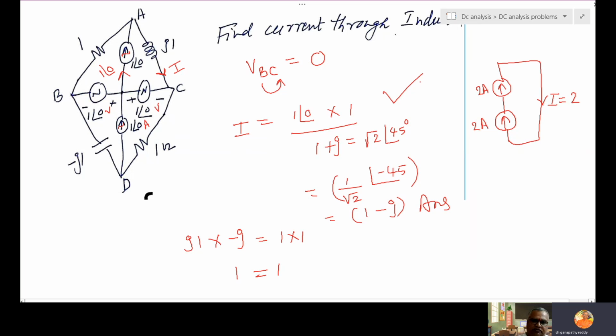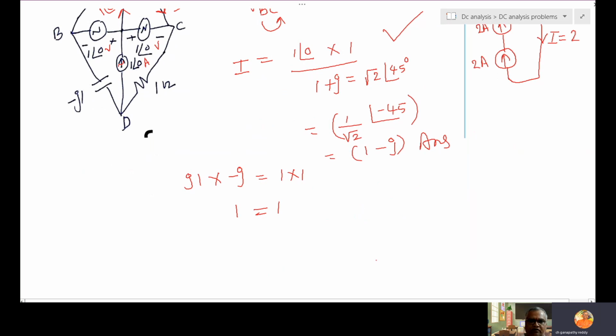Basically, the bridge balanced concept we follow if the source is outside. If the source is inside, even if the bridge is balanced, current will not be zero. I'll give one example here. These things are simple, but you should be very careful.